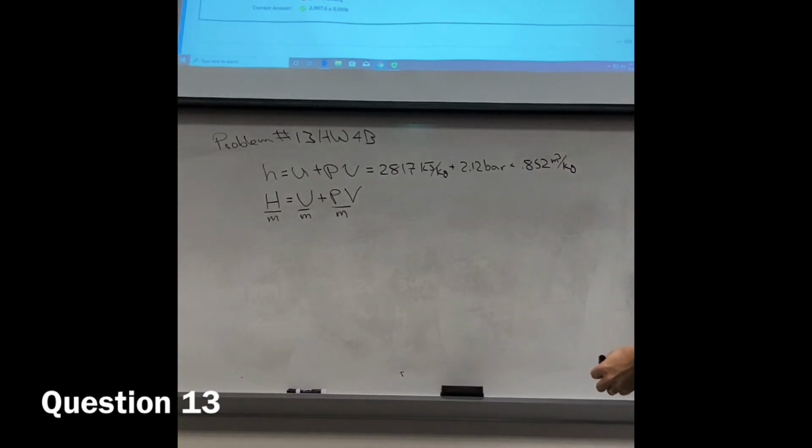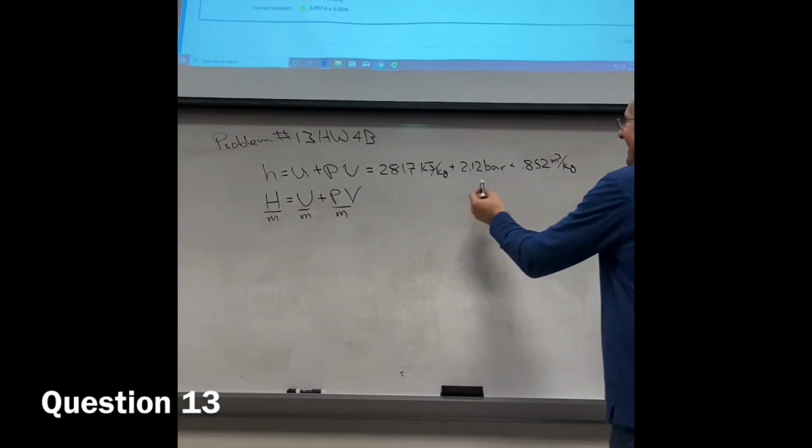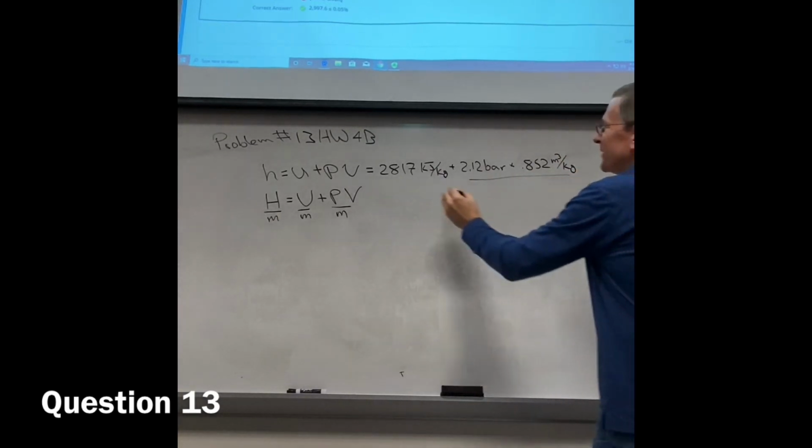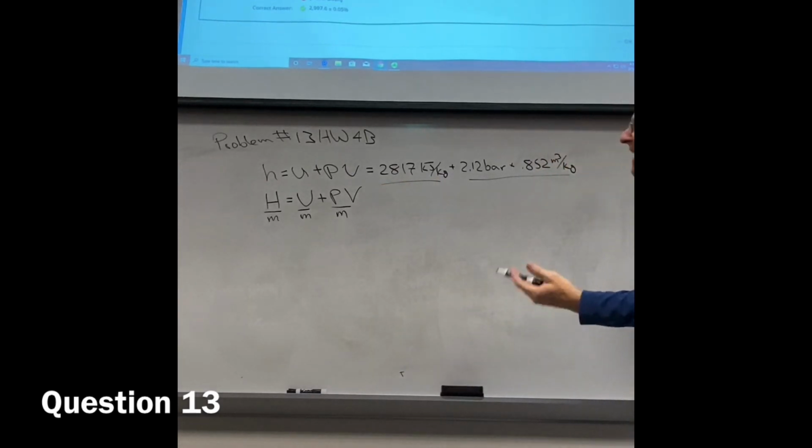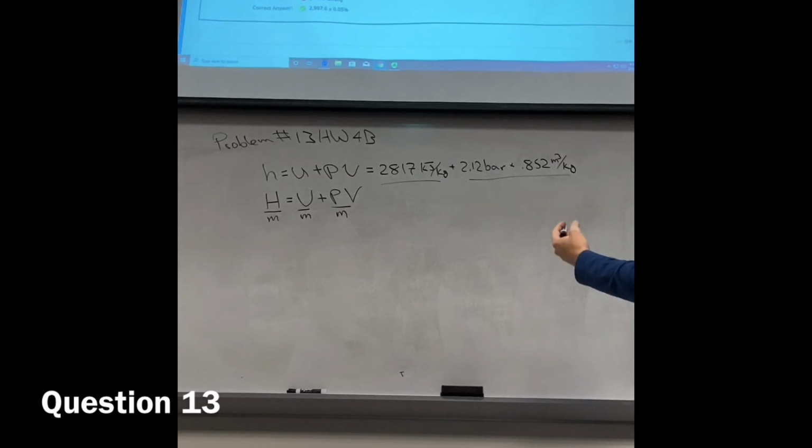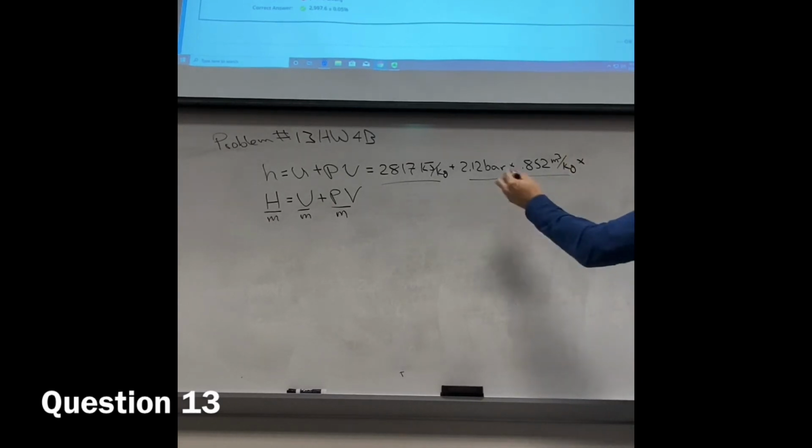Now, we have to be careful that the units of this have to match the units of this if I'm going to add the two quantities together. So bar cubic meter per kilogram, we don't know if that's equivalent to a kilojoule per kilogram. In fact, I know that it's not. So I'm going to try and convert that to kilojoules per kilogram.